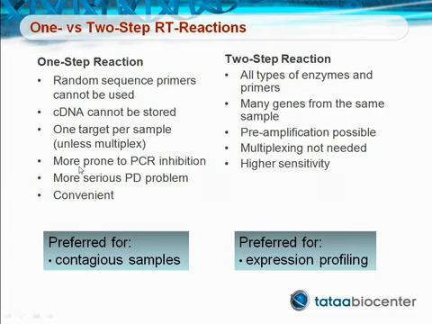The main advantage is that closed tube analysis is possible, making one-step RT-qPCR protocols preferred for analysis of contagious samples. Regular two-step RT and qPCR, performed with optimum conditions used for each reaction and a washing step in between, is preferred for most other applications.